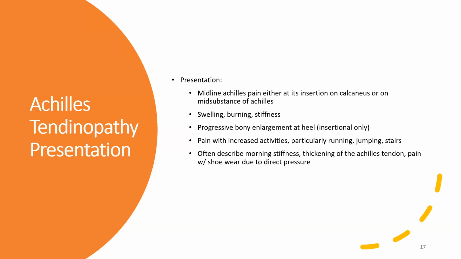For the non-insertional type, patients will present with an enlargement or a bump higher up on the Achilles tendon. Patients typically present with pain with increased activities, particularly with running, jumping, and stairs. They'll often describe morning stiffness as well as thickening of the Achilles tendon at the site of pain.